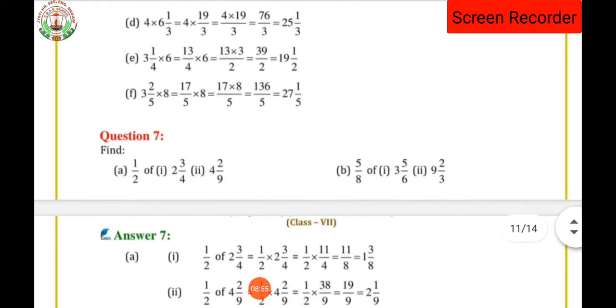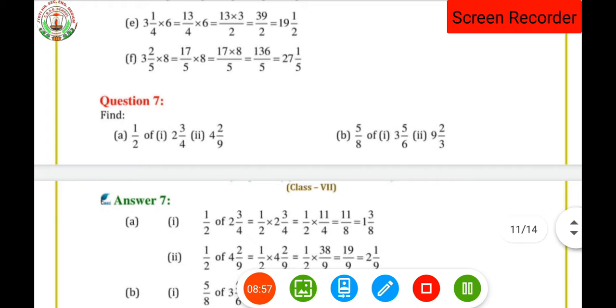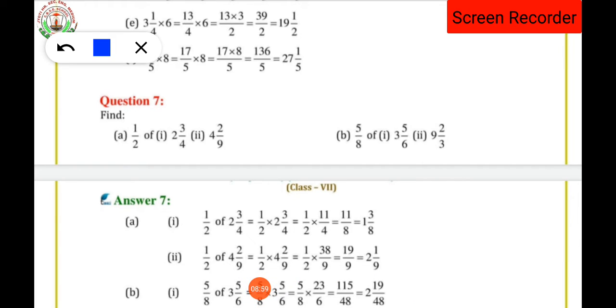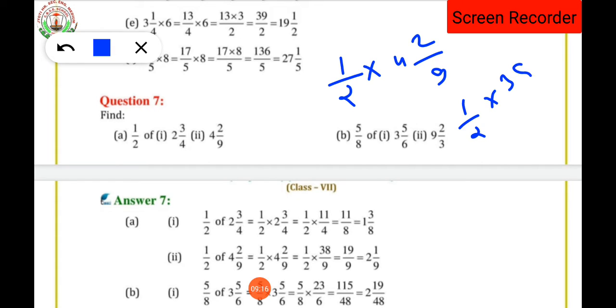In the same way for the second part also you have to do. Okay, what is the second part? 1 by 2 will be multiplied with 4 2 by 9. So 4 nines are 36. 36 plus 2 will be 38 upon 9. So 38 upon how much?